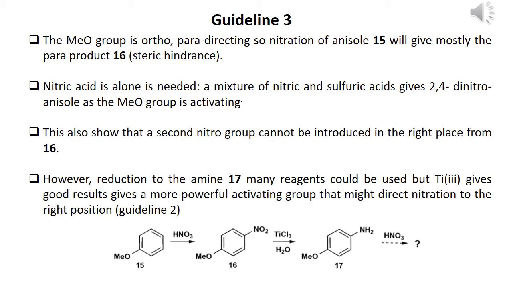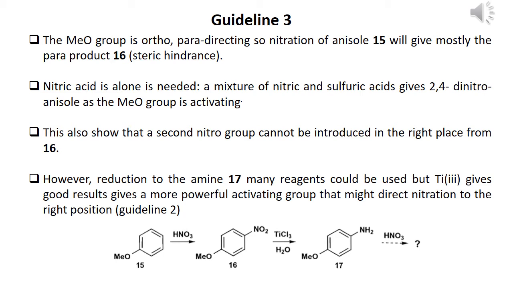So what is done then? Reduction of the nitro compound 17 to the amine. Many reagents could be used, but titanium in the 3 oxidation state gives good results, gives a more powerful activating group that might direct the nitration to the right position.